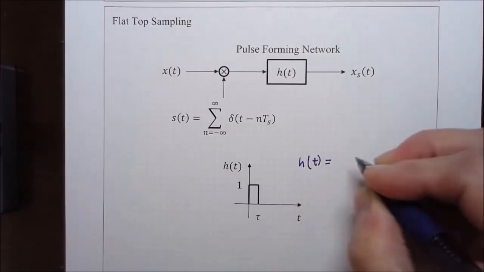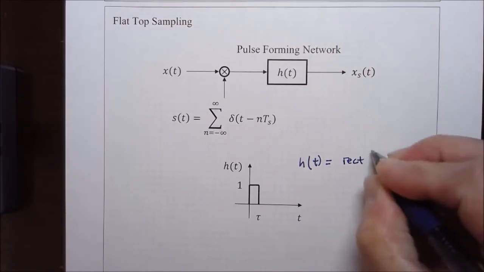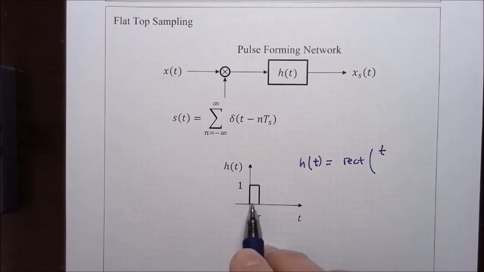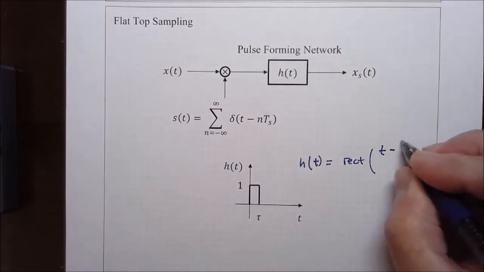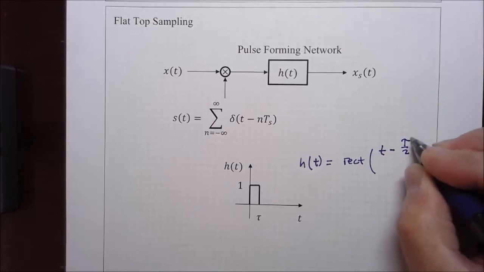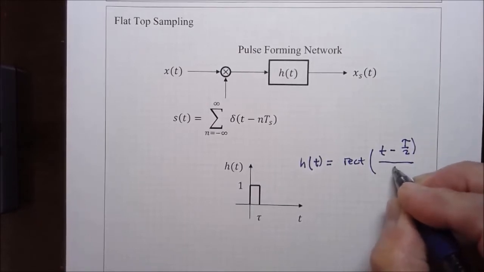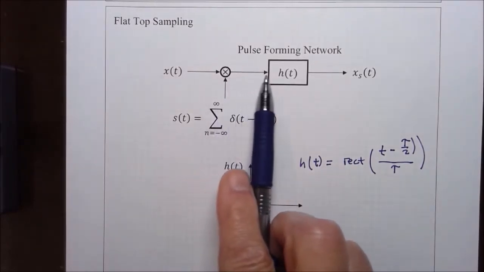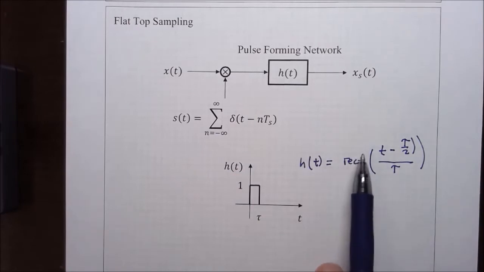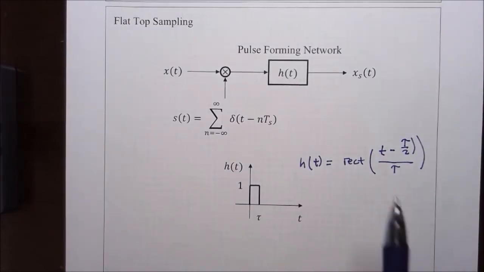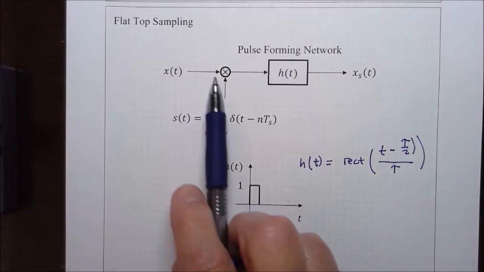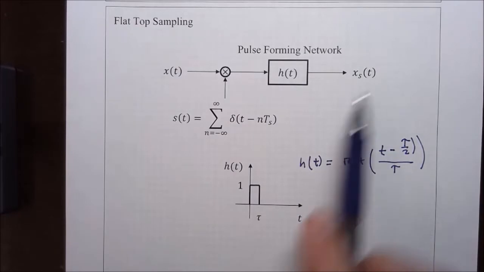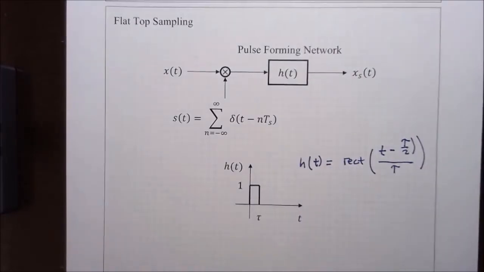The impulse response is equal to rect, a time shifted rectangle, shifted by 1/2 tau, and it's got an overall width of tau. So for every impulse applied to the input, the output will be this rectangle shape. And if we input scaled impulse functions, then the output will be scaled rectangles.